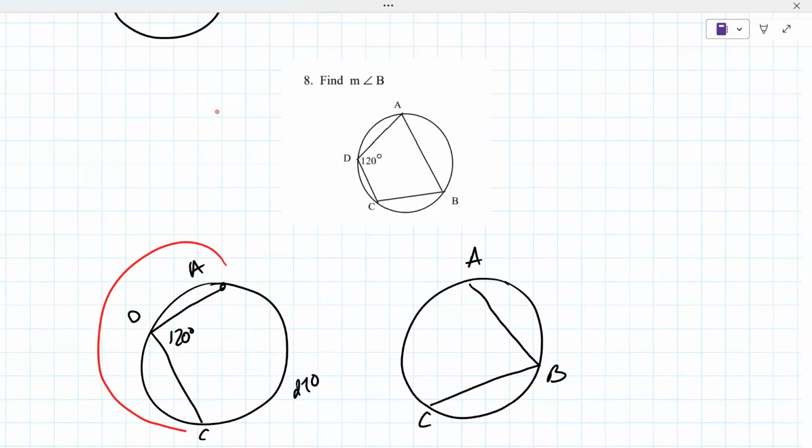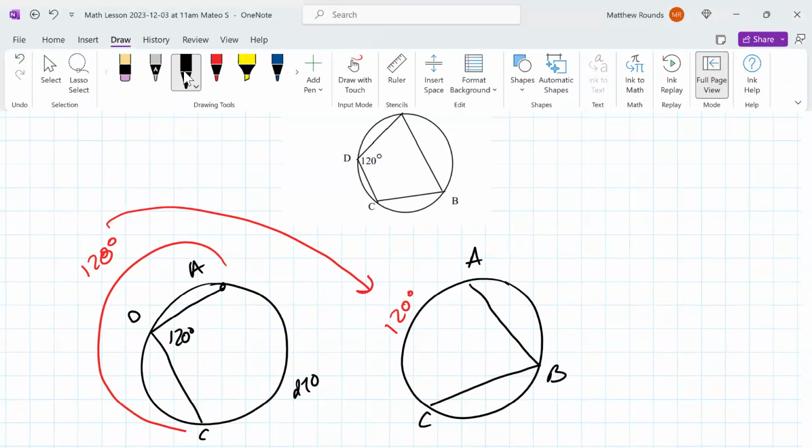Nope. What's the whole circle add up to? 360. Okay, so you got 240. How much is left? 120. So how is that related to angle B? How can we find angle B? 60. Yes.